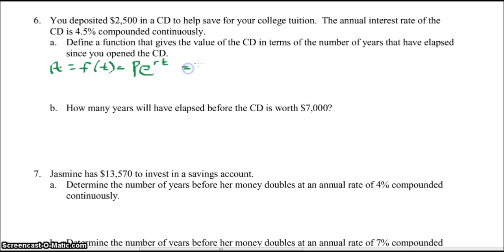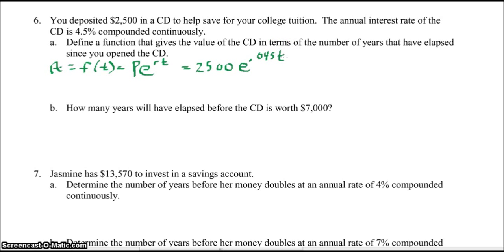So you deposited $2,500, and we're compounding continuously, 0.045 t.